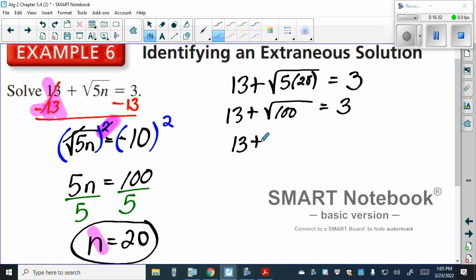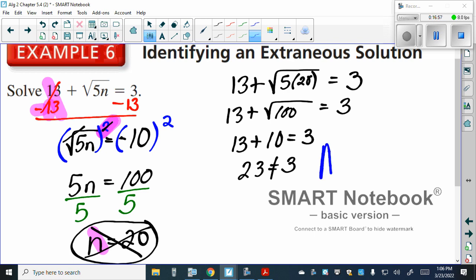Now the square root of 100 is 10. 13 plus 10 is? Now is 23 equal to 3? No. So will n being 20 work? No. So that solution doesn't work. Did we have any other solutions? No. So this here is no solution. There is no solution for this one here.